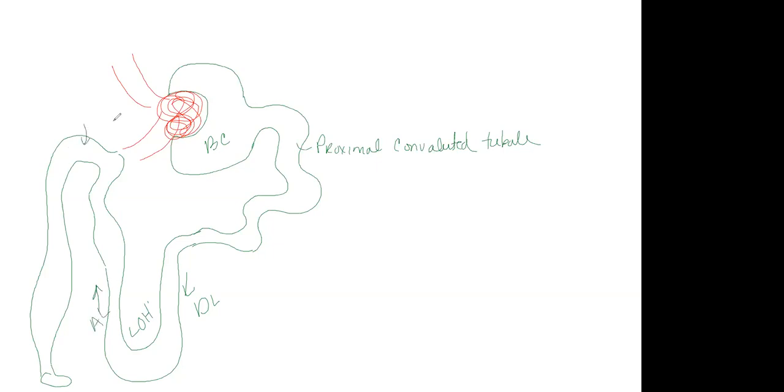And what is this? This is the distal convoluted tubule. All right, so this here, we're going to say this is the afferent arteriole and this is the efferent arteriole. It can go either way as long as they're going in the direction that they should.